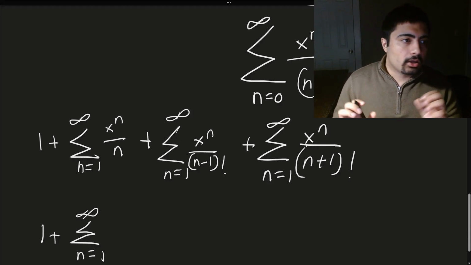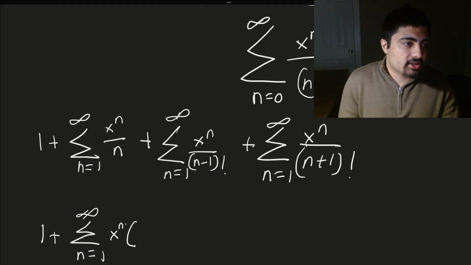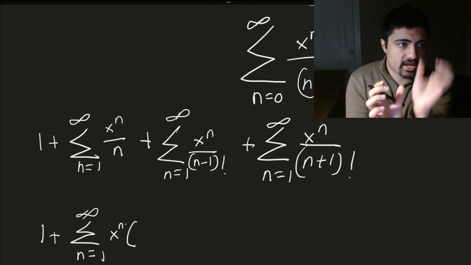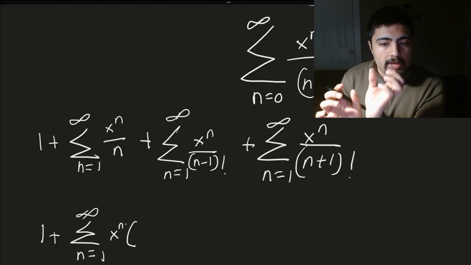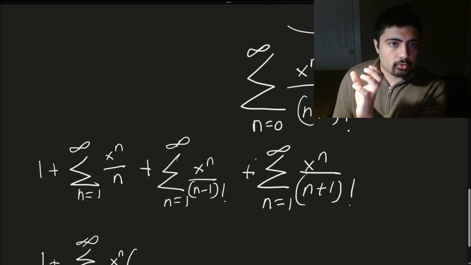Okay, and now imagine we do this. We're just going to do some algebra here. Imagine you factor out an x to the n power from everything when we're adding it, right? We're just doing an addition, guys. Don't overcomplicate this. We're just adding x to the n over n plus x to the n over n minus 1 factorial plus x to the n over n plus 1 factorial.